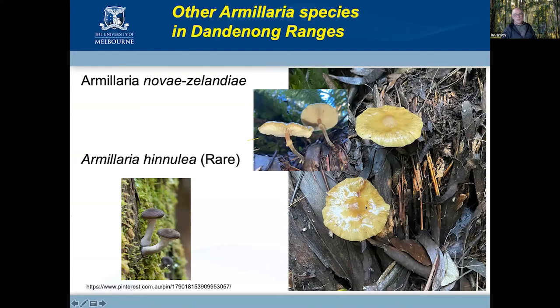You can see it's very different to the other armillaria. It's got this really shiny, wet look on it. It's not supposed to be as pathogenic. It's only supposed to be mildly pathogenic, if something else has caused the trees to be stressed, that's when it might become an issue. I've never seen armillaria newly in the Dandenong Ranges, but I'm told that it's present, but it's apparently very rare.